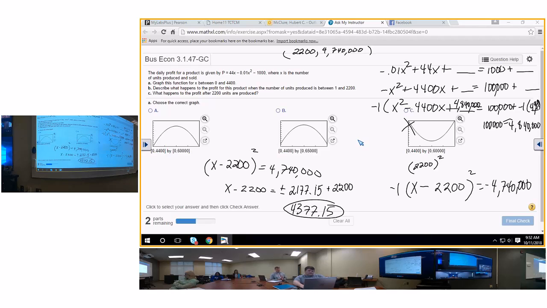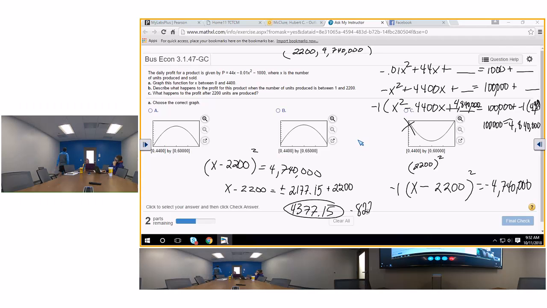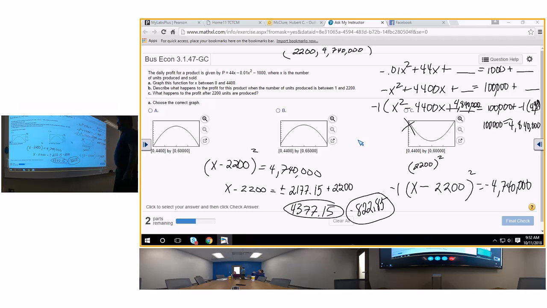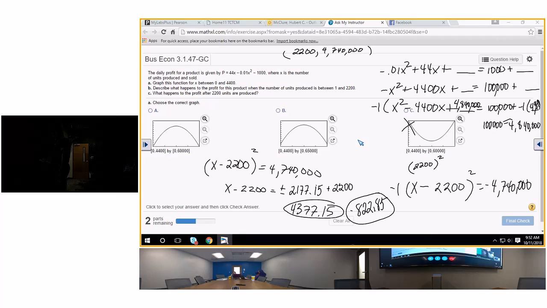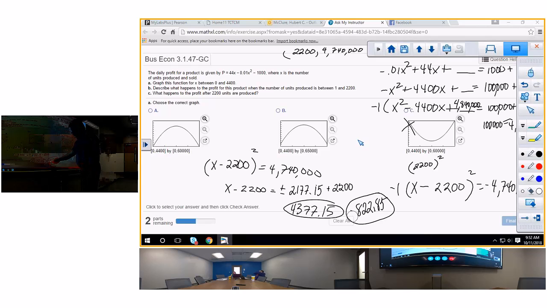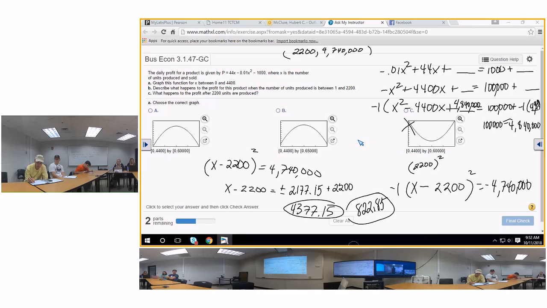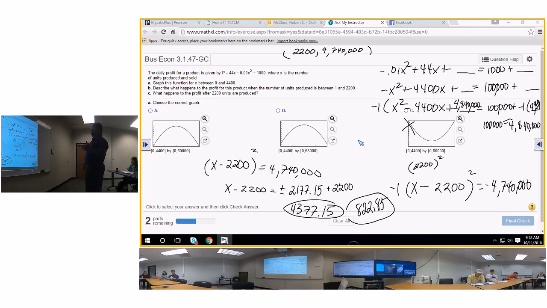And then the other one is going to be 22.85. Somebody check it. What's negative 2177 plus 2200? Somebody do the negative. What do you get? Negative 2177.15 plus 2200.